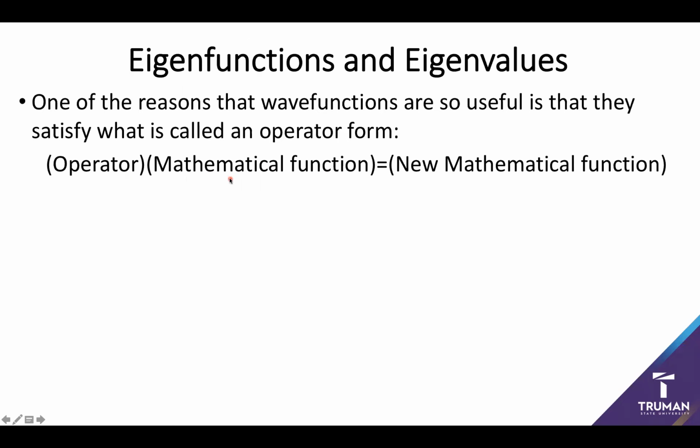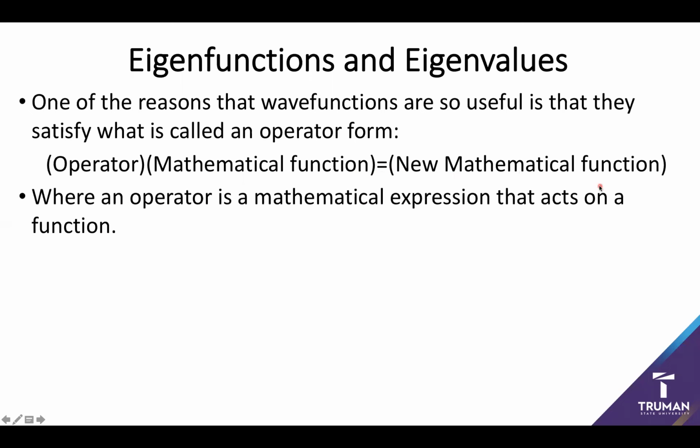For us, this is typically going to be our wave function. When you apply this operator to our wave function, you're going to get some new mathematical function back out. Again, our mathematical operator is just any mathematical expression that can act on a function. So think of a thing you can do to a mathematical expression, that's probably an operator.